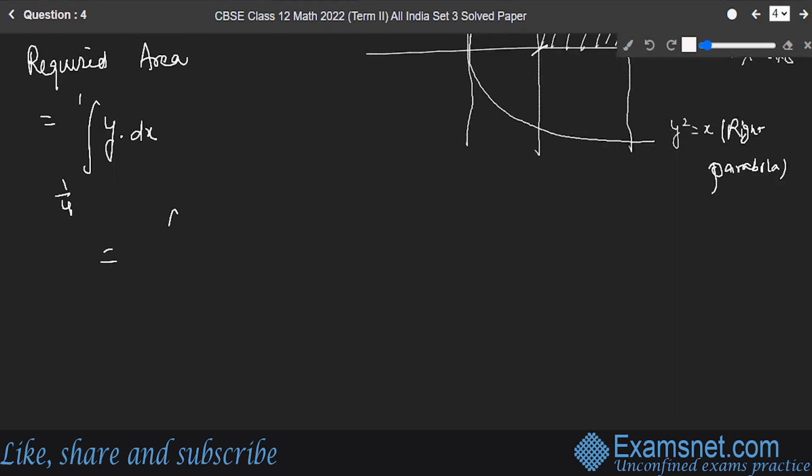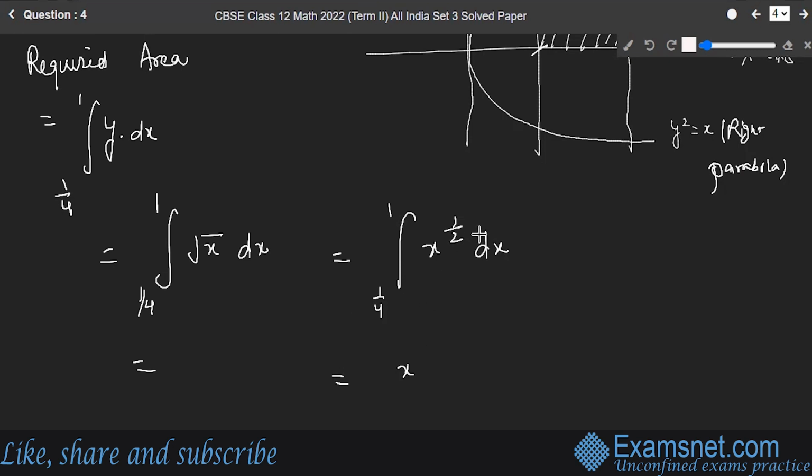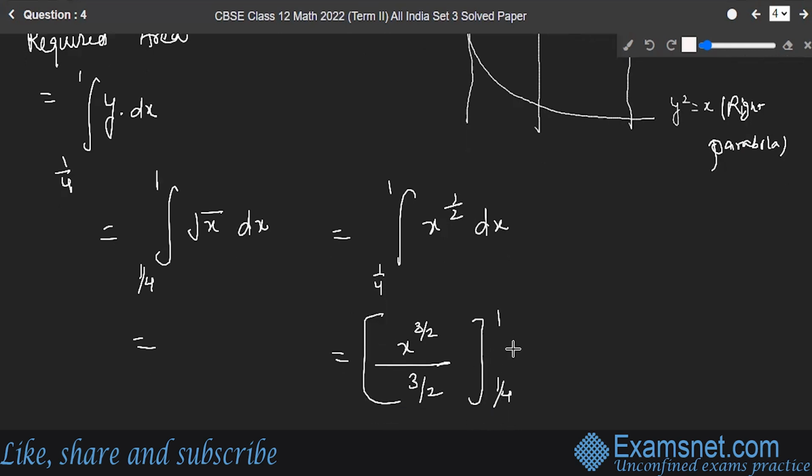It was equal to root of x dx from 1 by 4 to 1. This is equal to x raised to power 1 by 2 dx from 1 by 4 to 1. This is equal to x raised to power 1 by 2 plus 1, which is 3 by 2, divided by 3 by 2. Limits 1 by 4 to 1.